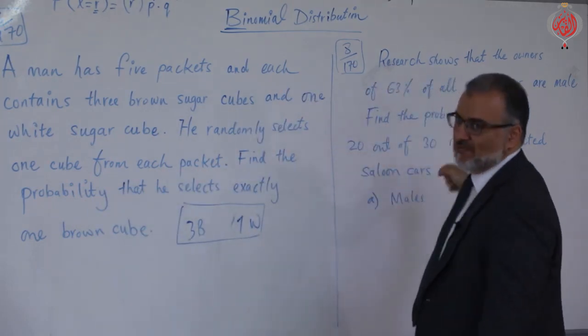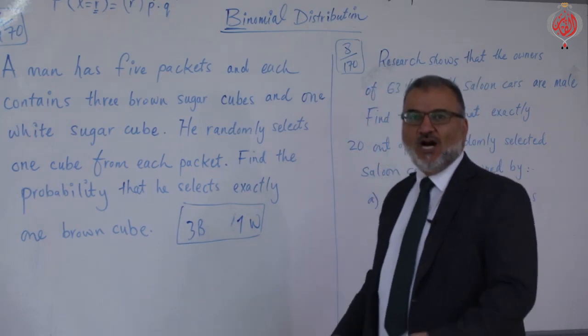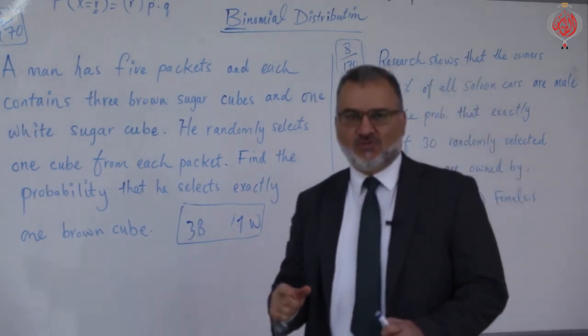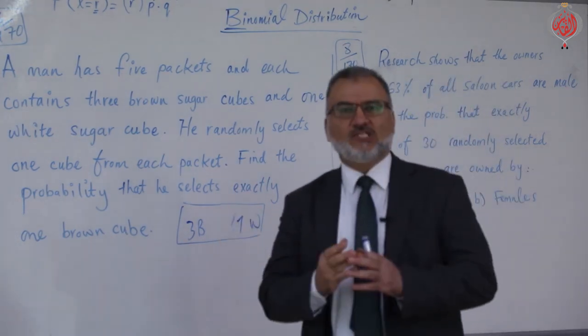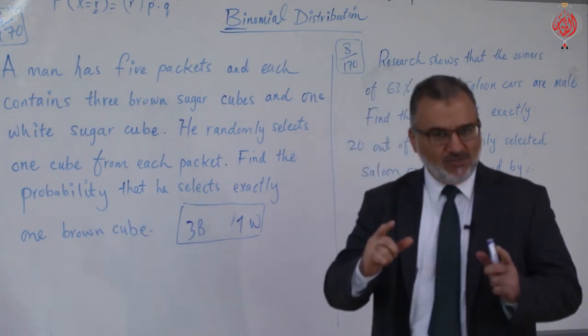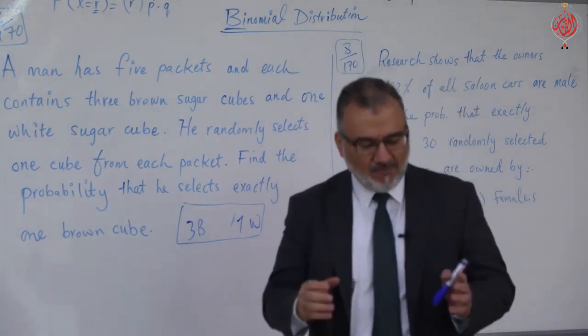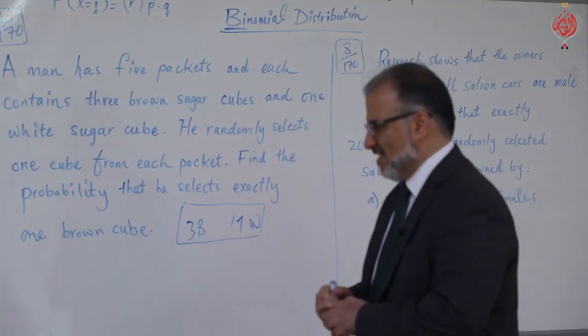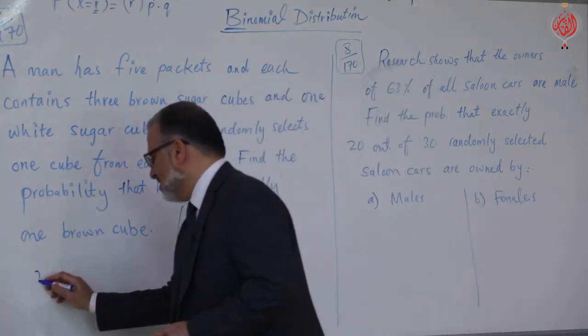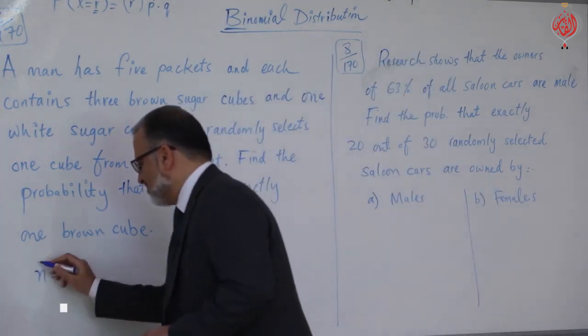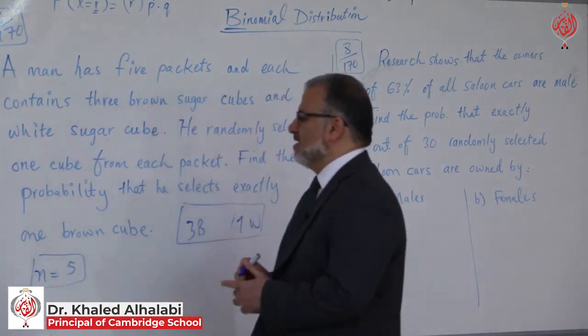So how many selections are we going to do in the whole experiment? Exactly, Fadi. So it is 5. So n equals 5.